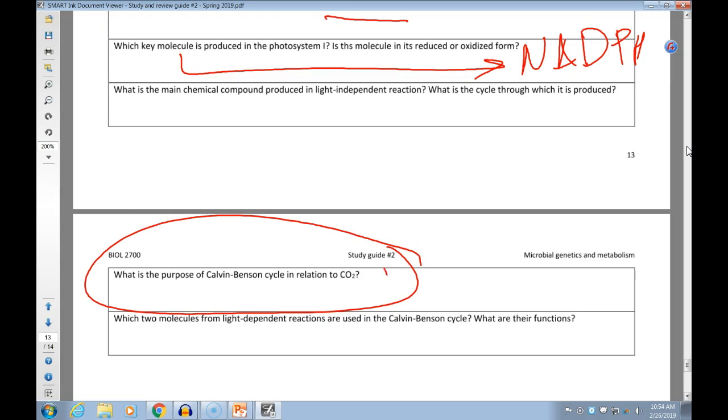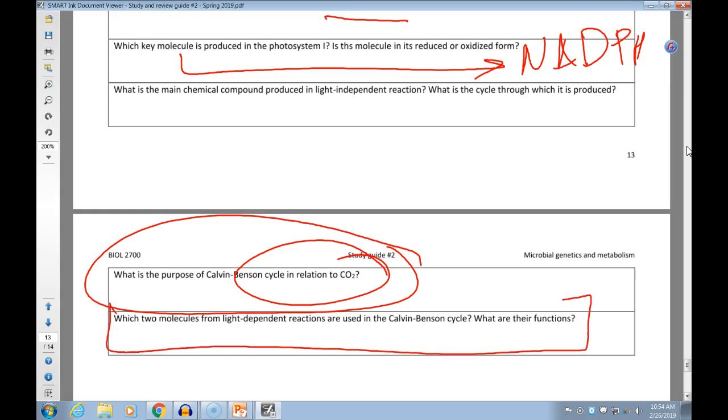What you need to know is that carbon dioxide in Calvin-Benson is being fixed to produce organics, and ATP and NADPH are used in the Calvin-Benson cycle. Okay?